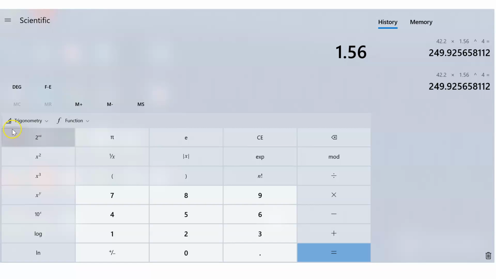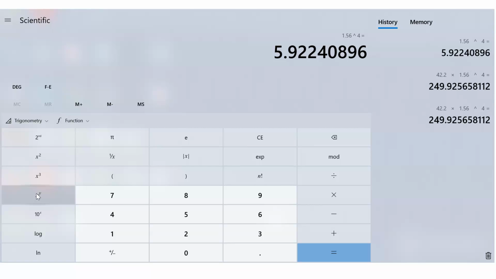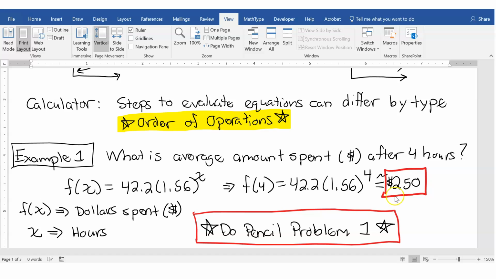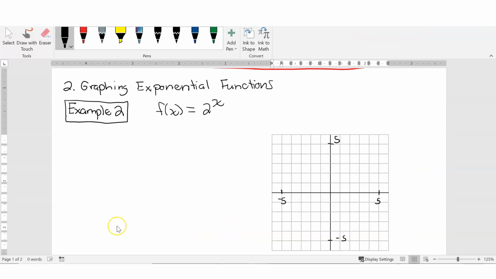So I can do 1.56, hit my x to the y button and get 4, and then multiply by 42.2. Again, notice we get the same answer each way. So just make sure you get some extra practice with your calculator so you know how to solve these problems correctly. And so we'll finish the problem with the answer of $250. Now, do pencil problem number 1.